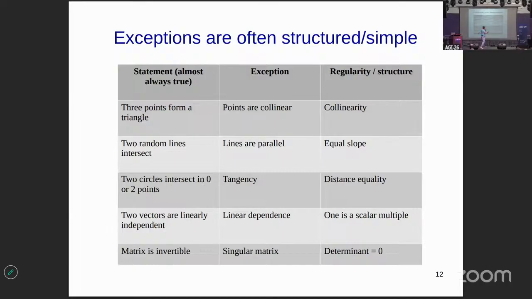The distance equality, or equal slope, or collinearity. Regularity means compressibility. So there's the hypothesis that in many cases, exceptions have a compressible structure. By looking for compressible properties, you can actually find exceptions to your conjecture.